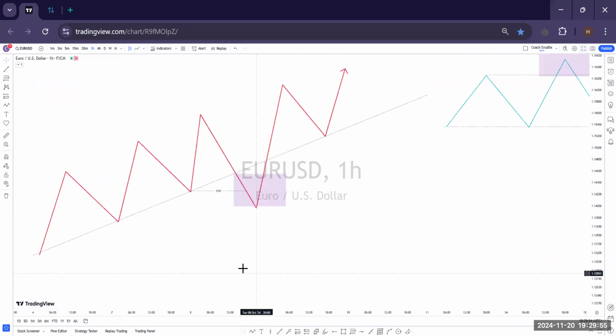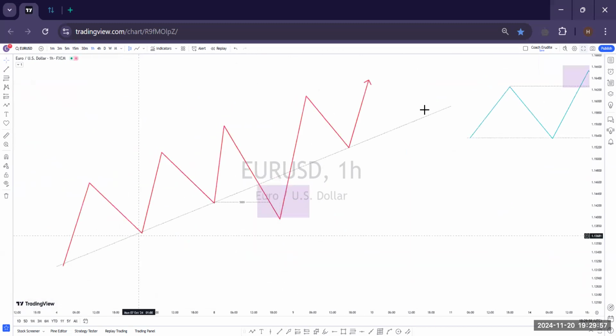Now, this is price respecting the trend line, right? Price is respecting the trend, breaking structure to the upward direction. We have a break of structure, a break of structure, a break of structure, and another break of structure.